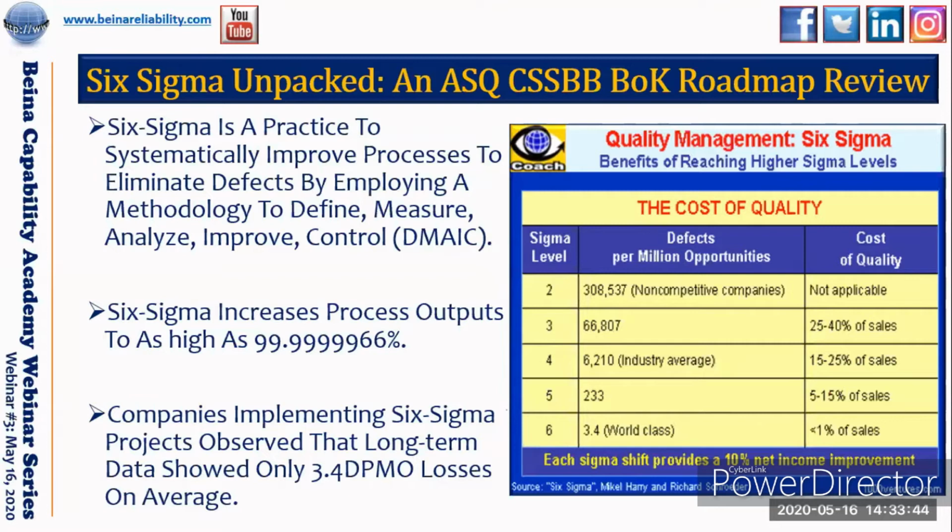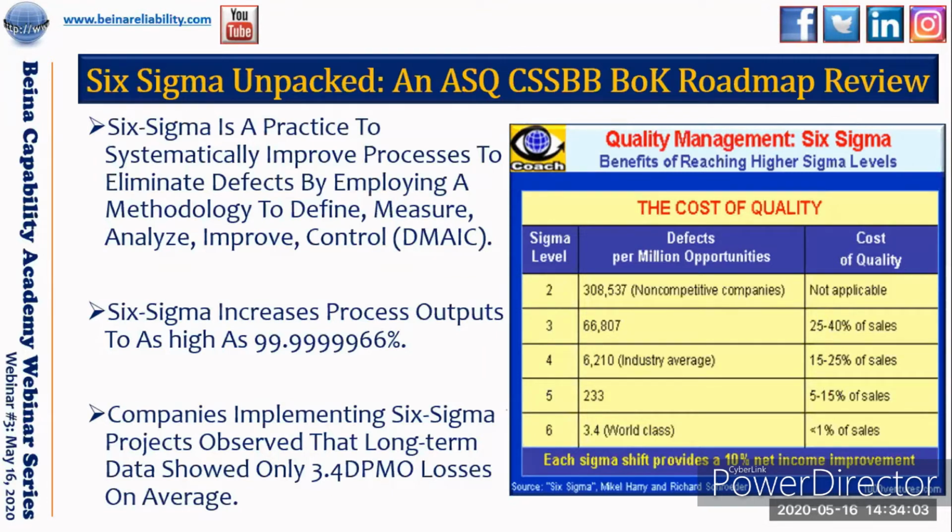It's almost saying that if you are able to drive your system to Six Sigma, you are almost achieving perfection. Because for every 1 million outputs you have, the defects you would experience are 3.4.